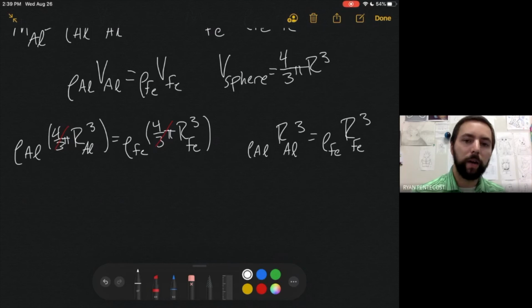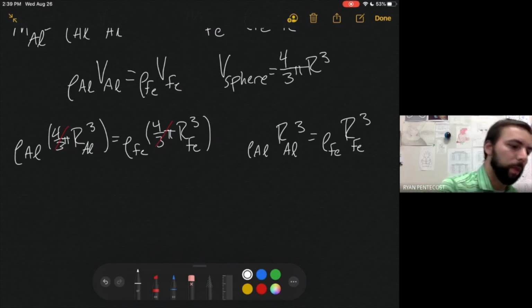Now we want to find the radius of the aluminum sphere if both spheres balance. So let's solve for the radius of the aluminum sphere. We will divide by the density of the aluminum sphere and take the cube root.